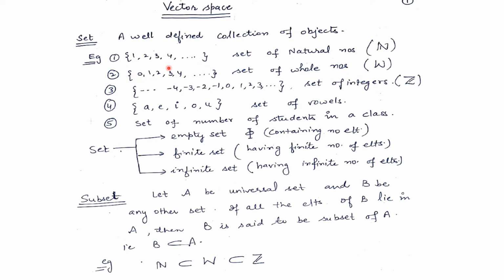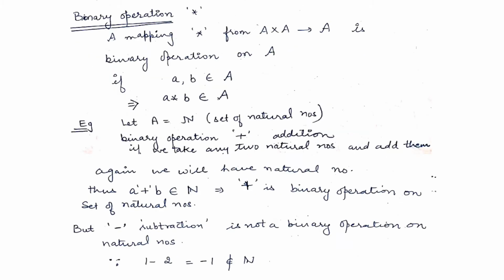Similarly, this is a subset of set of integers because all these numbers lie in this set, right? Also, all these are subsets of set of real numbers. So set of integers is a subset of set of real numbers.